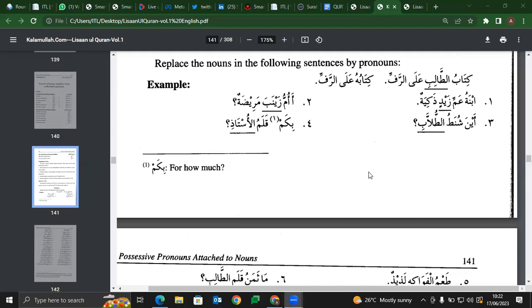So how are we to know whether this Aishata is falling in marfu or majroor or mansoob? Then we said we look at the mahalli, the place where it is falling. That will determine whether this is marfu or majroor or mansoob. You remember that as well.